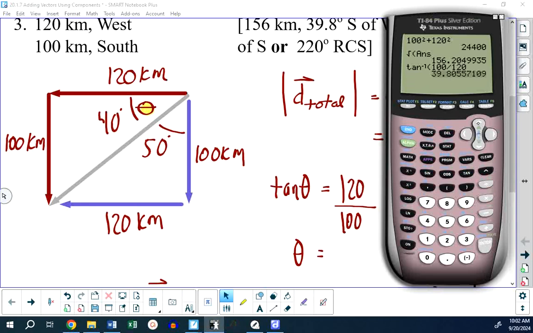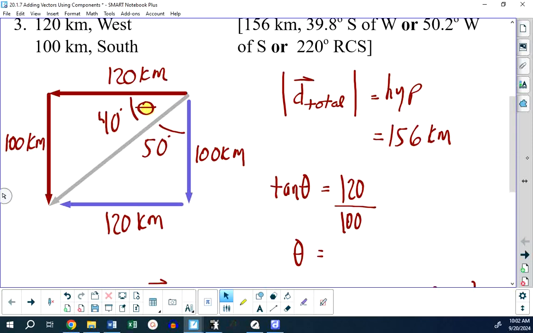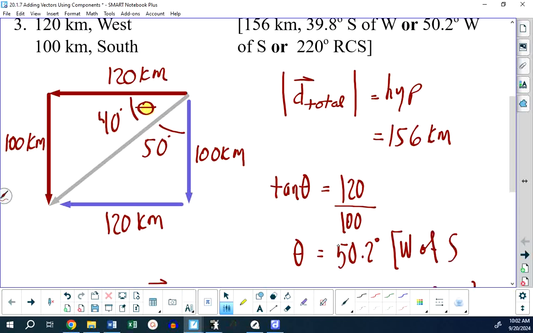So I would get 50.19. Which you could have done by taking 90 minus 39.8, but once again, I'm assuming that you drew the blue one because that's what you drew. The only difference is this would be 50.2 degrees. It would be west of south.